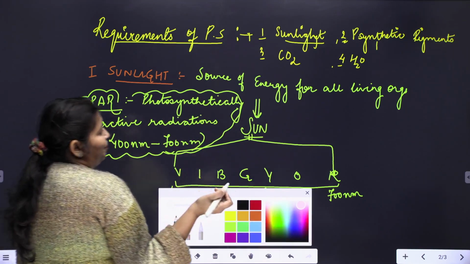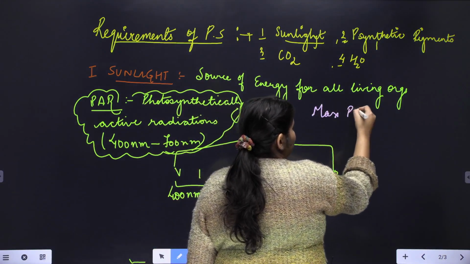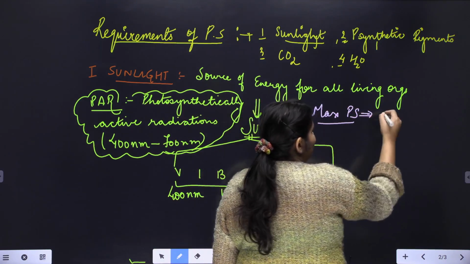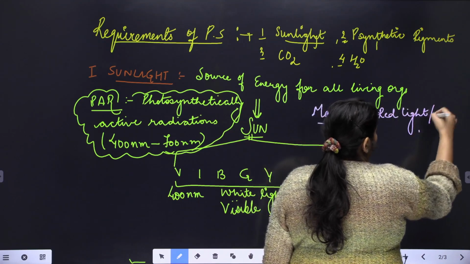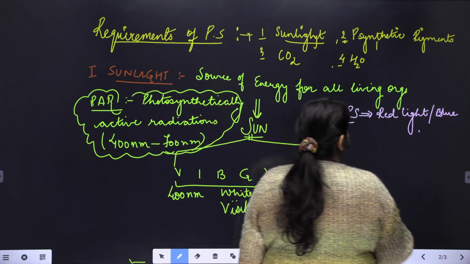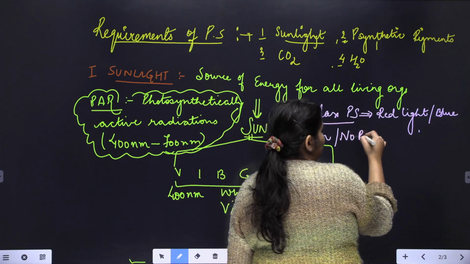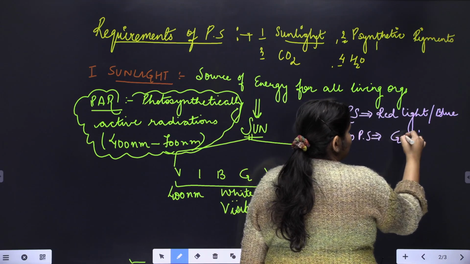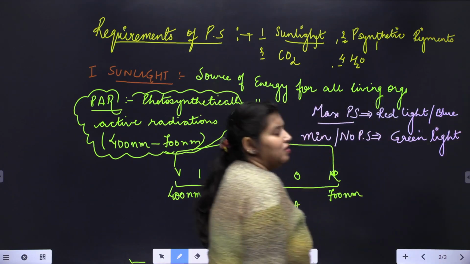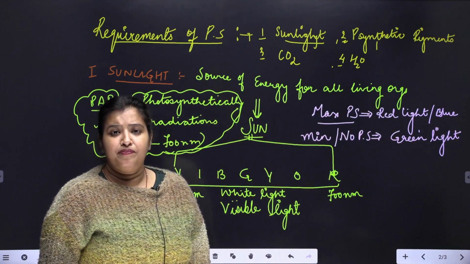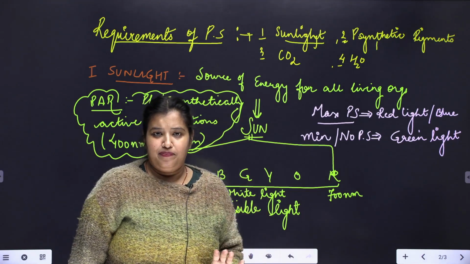Maximum photosynthesis is going to take place in the red light or the blue light of the spectrum, and minimum or no photosynthesis takes place in the green light of the spectrum. The reason being that green light is reflected completely.